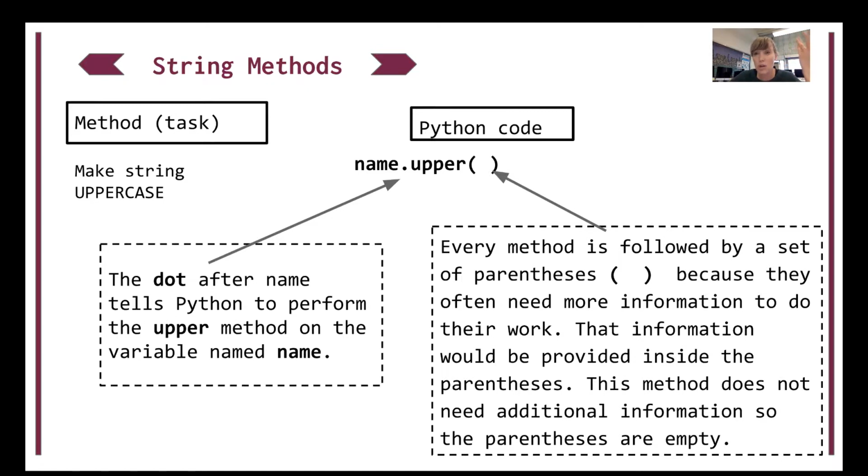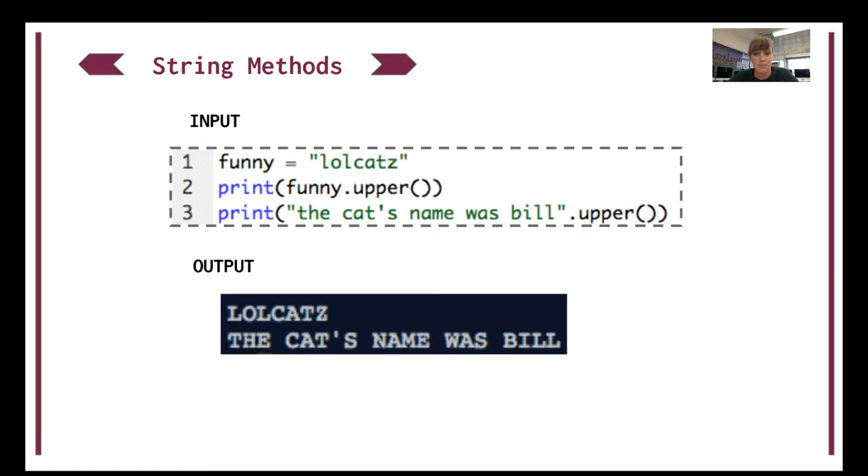It looks strange because you're wondering why you have to add these parentheses if you don't need them. But sometimes you do. Like if I have an object and I want to tell it to turn right, I would say right, and I would give it an angle measurement inside the parentheses. But for this one, we don't need it. So it's just name.upper, open and close parentheses.